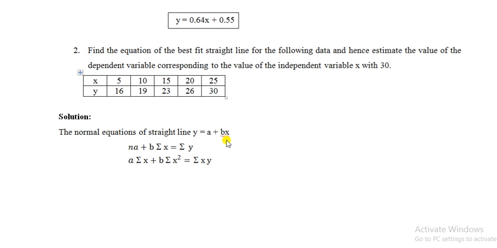So the normal equations of y equal to a plus bx. Then here also prepare the table for summation of x, summation of y, summation of x square and summation of xy, and the total number of values in the table are 1, 2, 3, 4 and 5, so n is equal to 5.